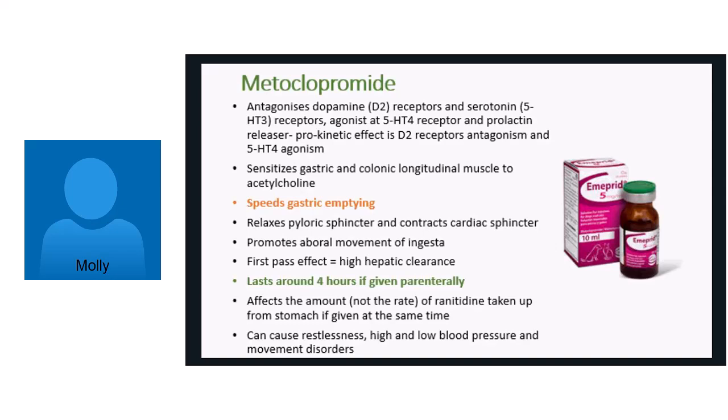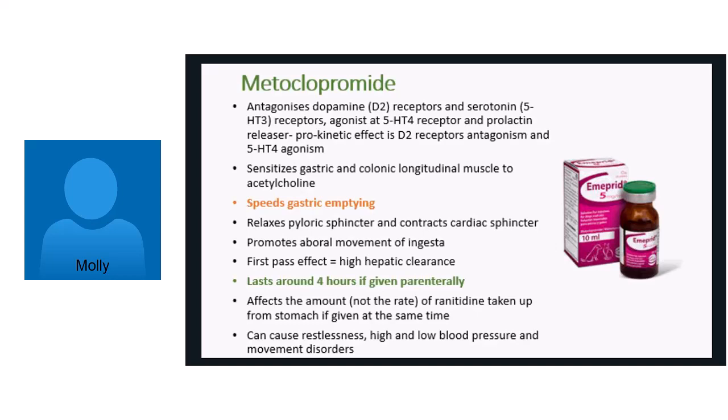So firstly, metoclopramide. This is the most commonly used pro-kinetic in the UK. It's one of the World Health Organization medicines of most importance with least side effects. It's a dopamine antagonist and a serotonin receptor antagonist, but it's an agonist at the 5-HT4 serotonin receptors.